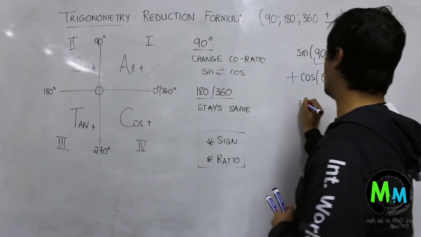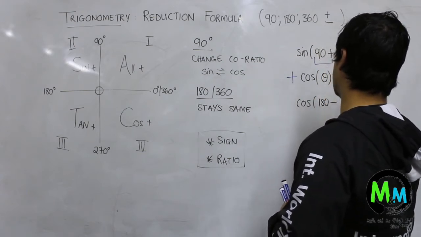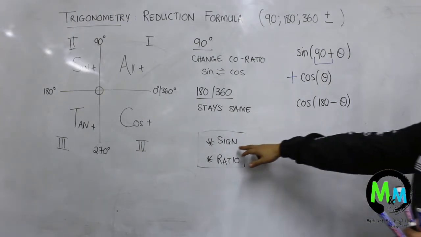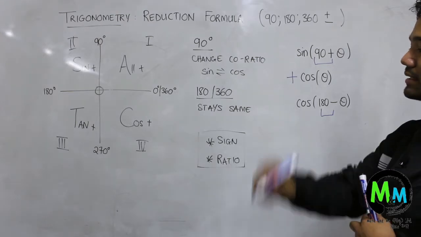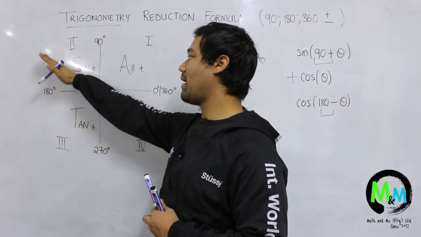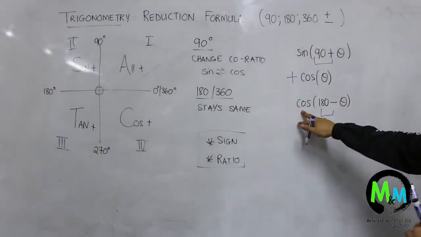I'll give you another example. Let's say cos of 180 minus theta. Right? What do we do first? First check my sign. So I look over here. 180 minus, which quadrant am I in? 180 minus will place me back in the second quadrant. So I say, is cos positive or negative in that quadrant?